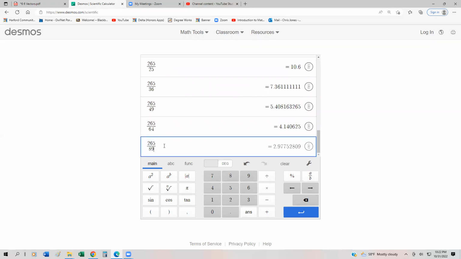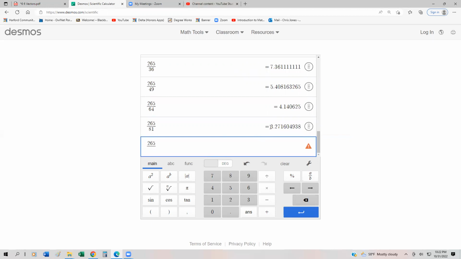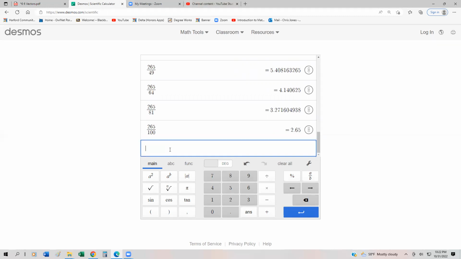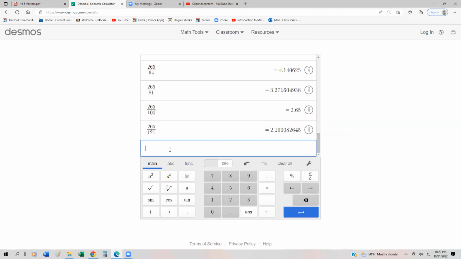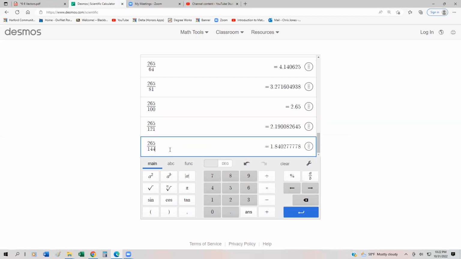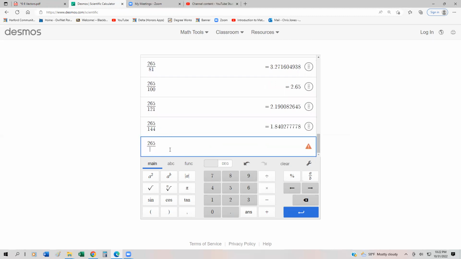265 divided by 81. All right, and now we're starting to get close to where we know it's not going to work. Once this number gets below 1, then we know it's not going to work for anything. So divided by 100, nope, that doesn't work. 265 divided by 121. 265 divided by 144. 265 divided by 169.